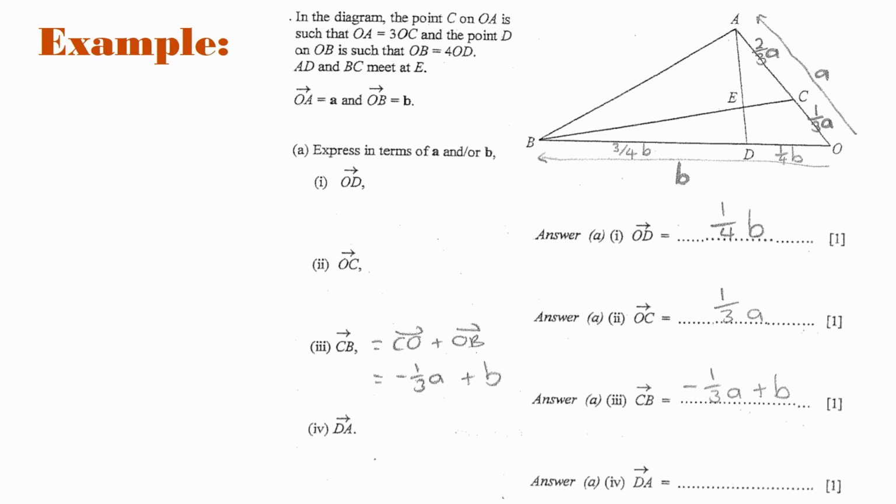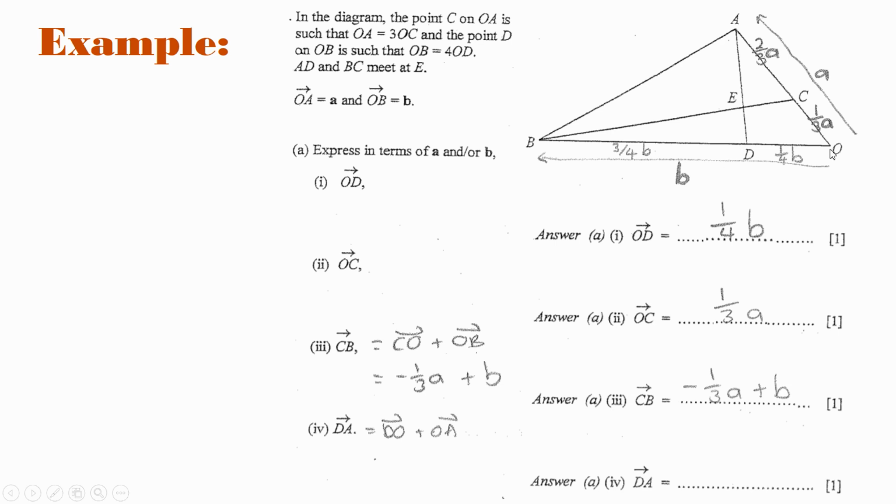And the last one, DA. Where's DA? We could go here to here, but we don't know this one. But we do know this one and this one. So DA is the same as going DO plus OA.